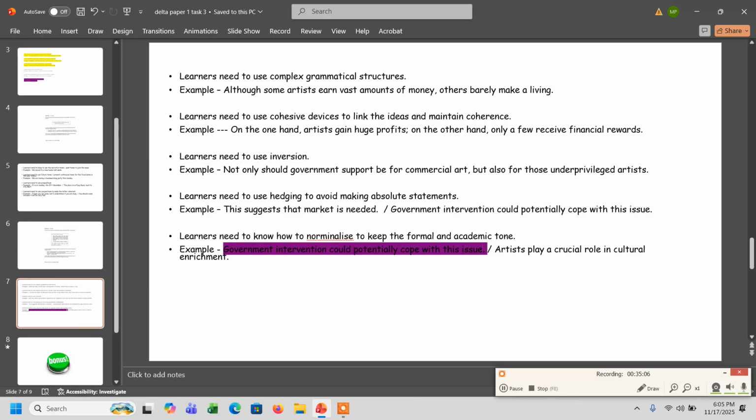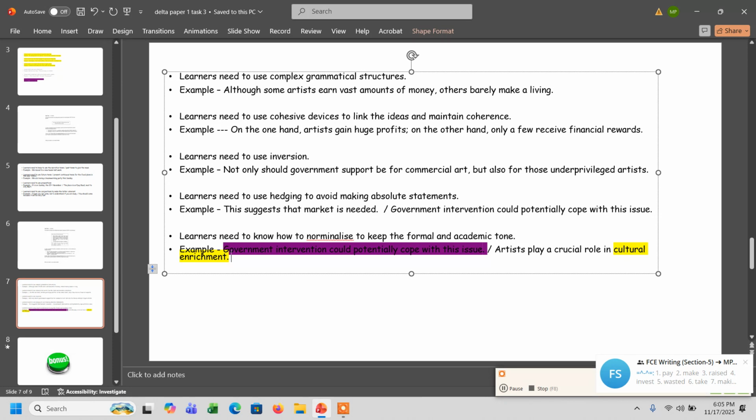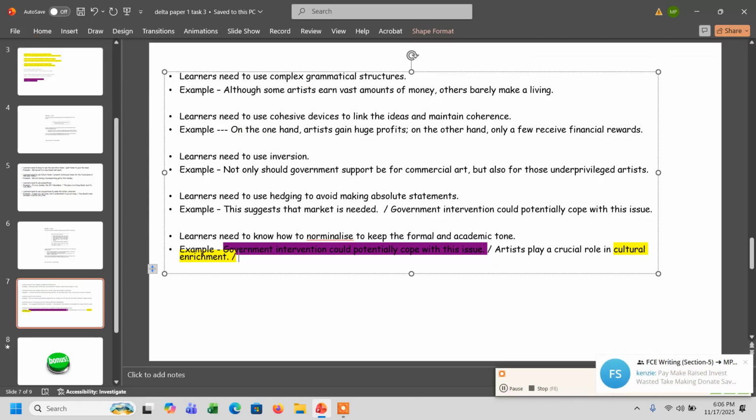So we can change them into cultural engagement, enrichment, okay, government intervention.